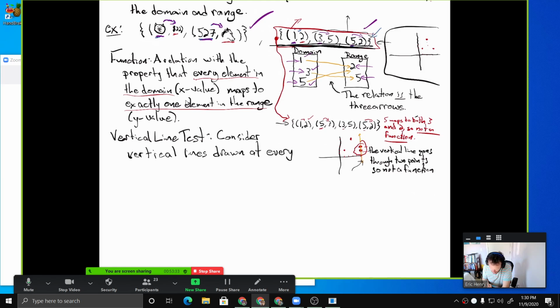Every value in the domain. If any vertical line intersects 2 points of the relation, it is not a function.